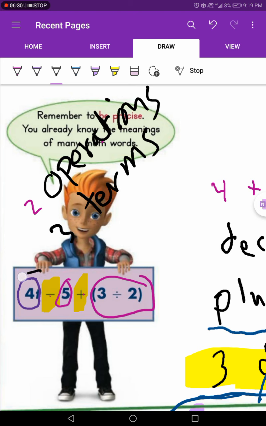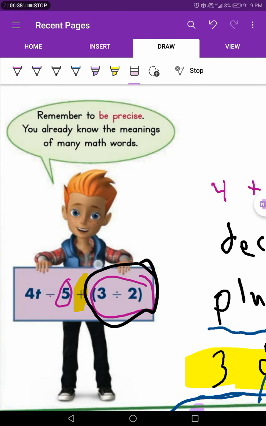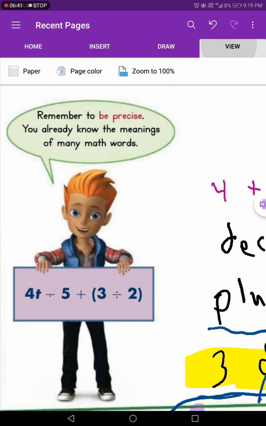What are the terms? 4t and 5 and 3 divided by 2. This is the first thing, so we know what the terms are and how to get the number of terms from the expression.